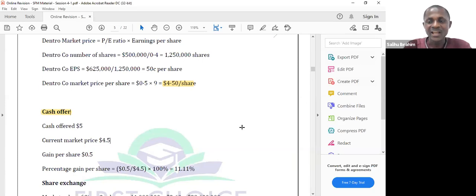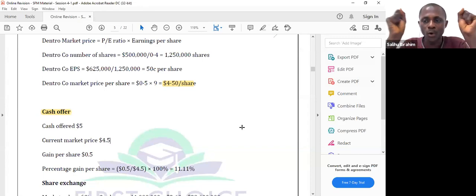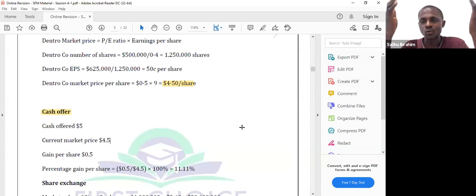Sometimes the question will make it broad, and sometimes it will be narrowed down. It will be broad if it just asks what the advantages and disadvantages of the cash offer are as a means of making payment.